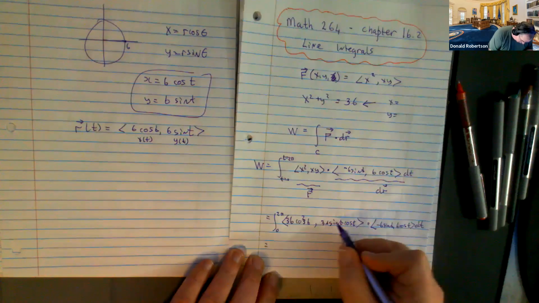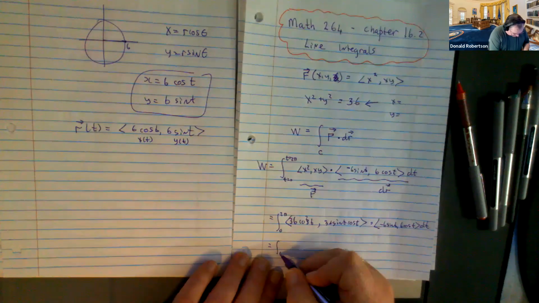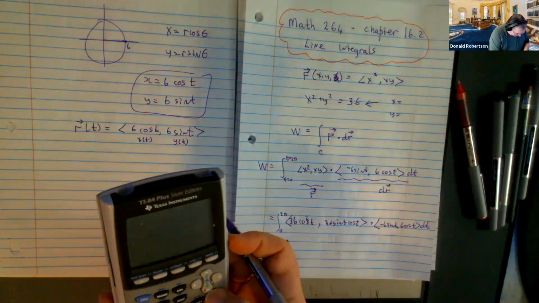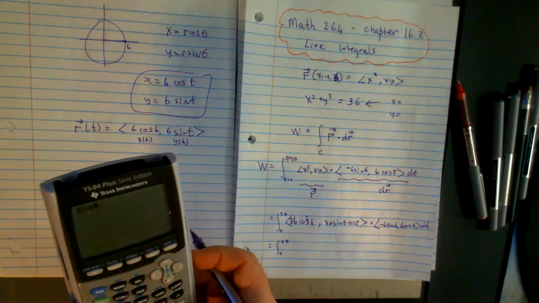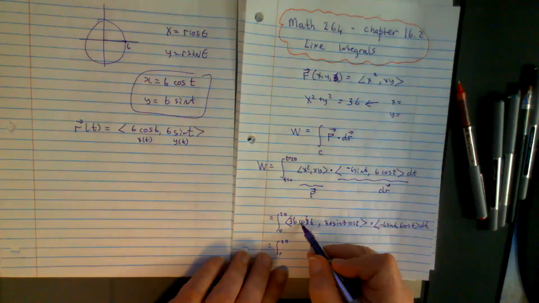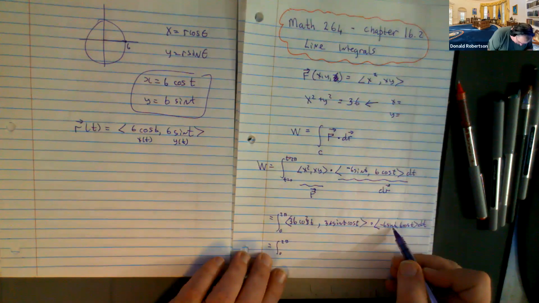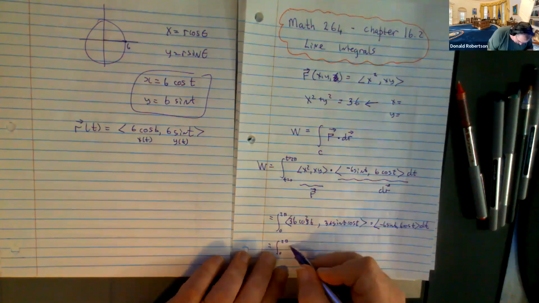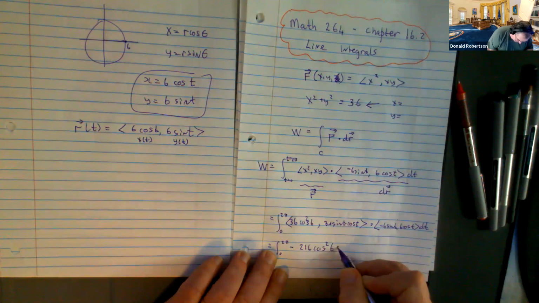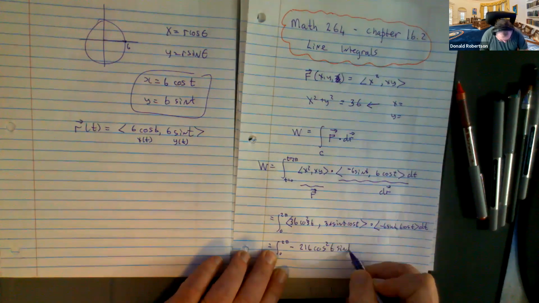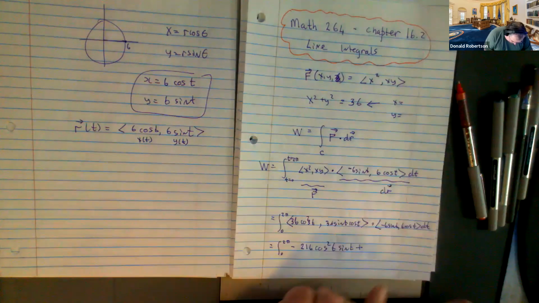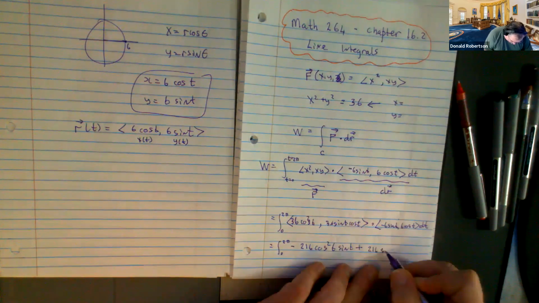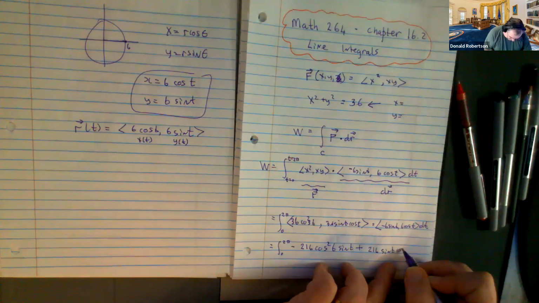We got 0 to 2 pi. 36 times 6 is too hard to risk in my head. It's 216. So when you multiply this guy and this guy, you get negative 216 cos squared t sine t. Add this guy times this guy, gets you 216 sine t cos squared t dt.